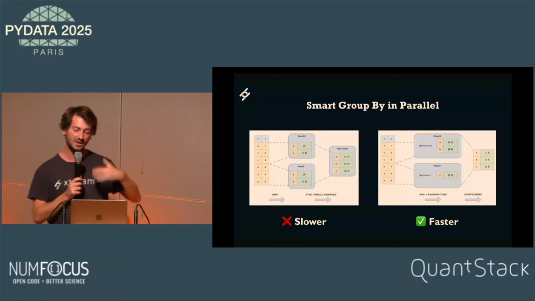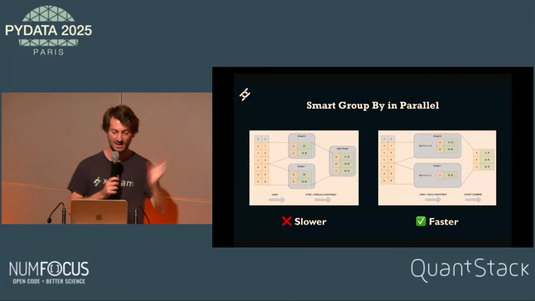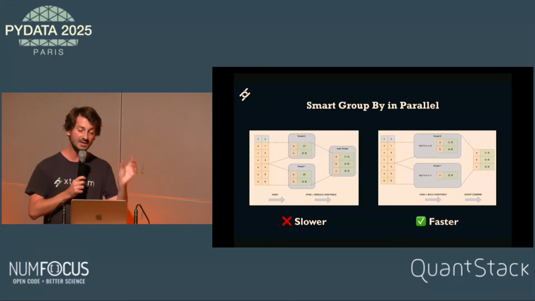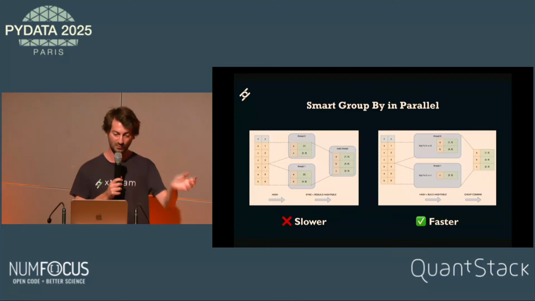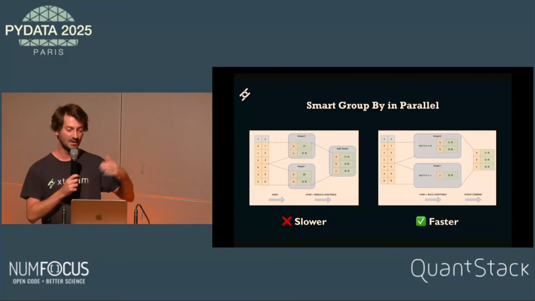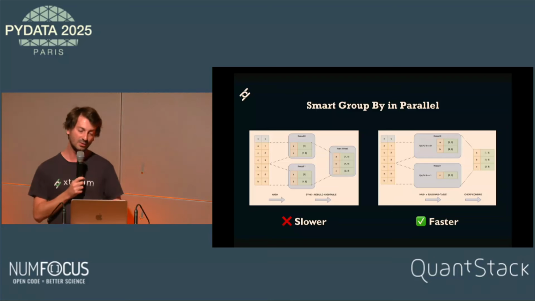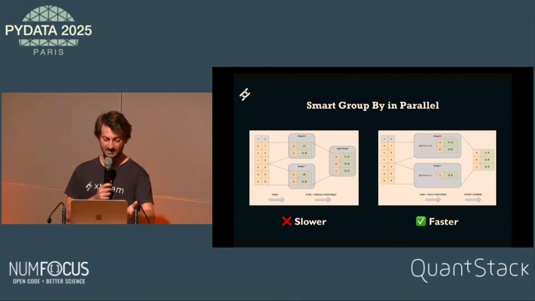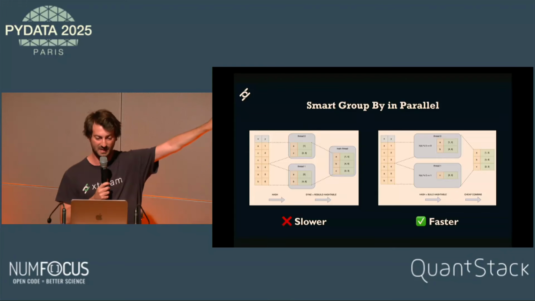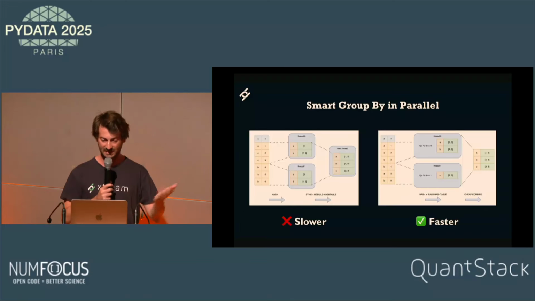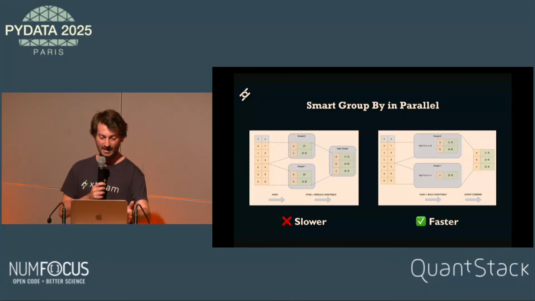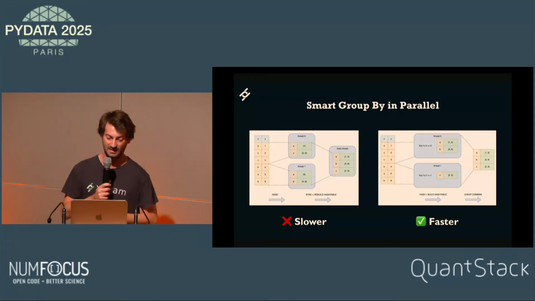And for each chunk, you create a hash map where the key is the group and the values are the data in the other columns, right? So if I group by X and I want to find the average of Y's, I can get hash maps like this. In thread 0, we have the key A and the list that contains only 1, and the key C and the list that contains 2 and 3.